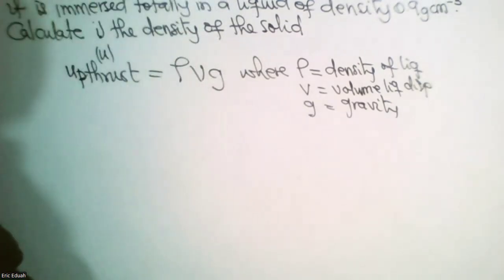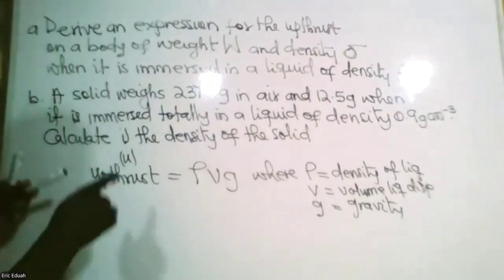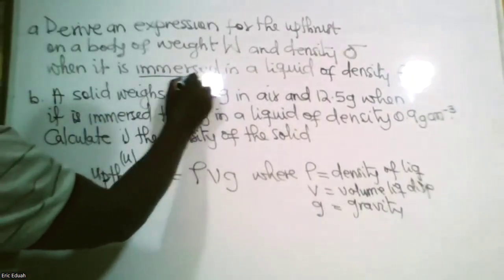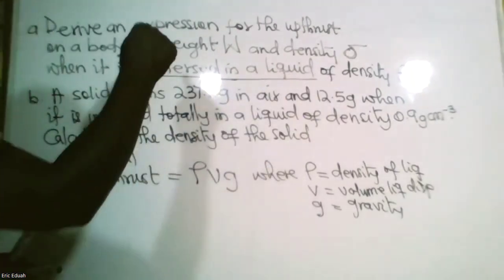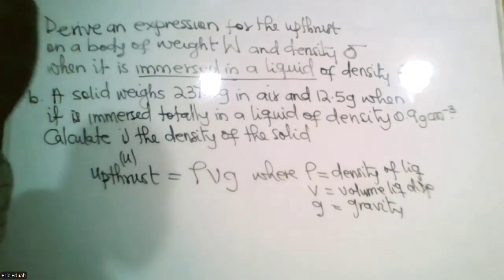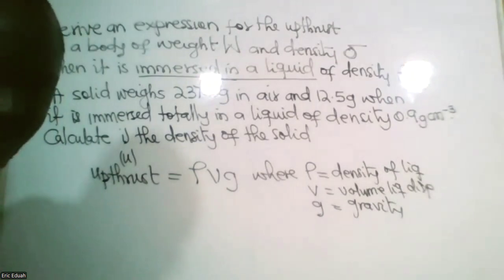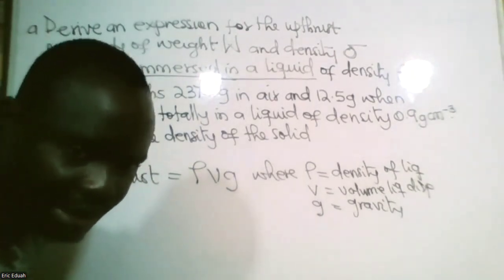How do we get the volume of the liquid displaced? Once the body is immersed in the liquid, it means that the volume of the object will be equal to the volume of the liquid displaced. I hope you are with me.